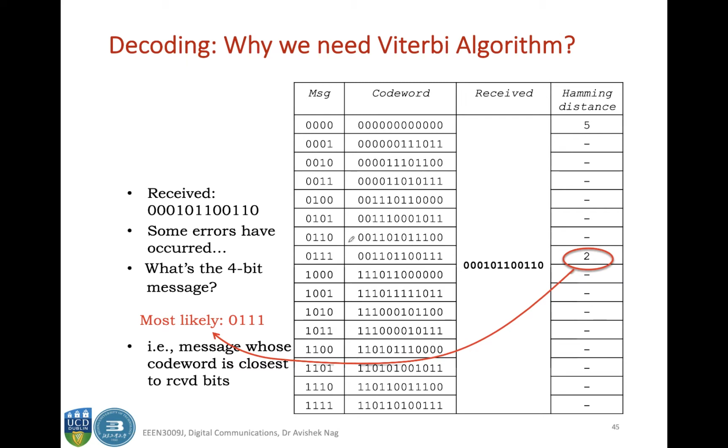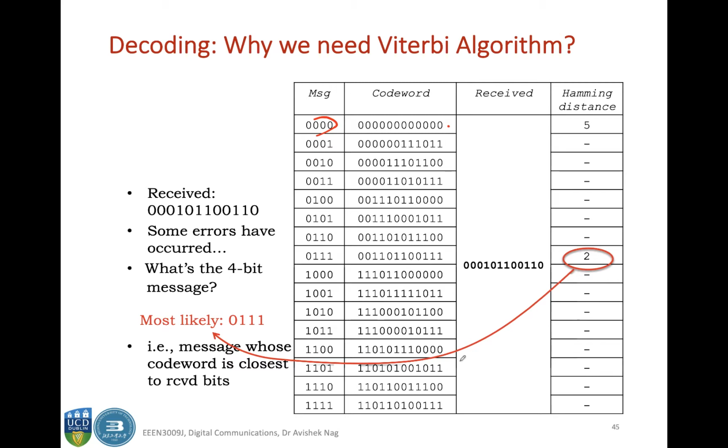Okay, so if you have a 4-bit message, then you have about 16 code words like this. If you want to check the Hamming distance for each of the 16, it takes a lot of computational power and a lot of computational time.